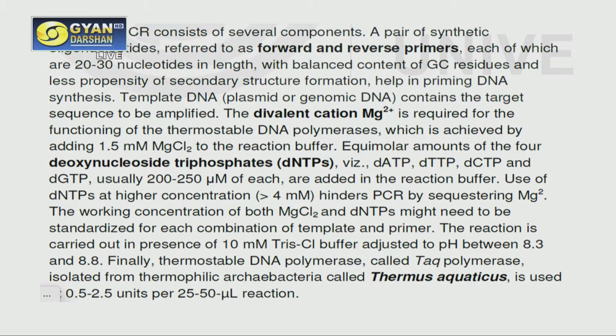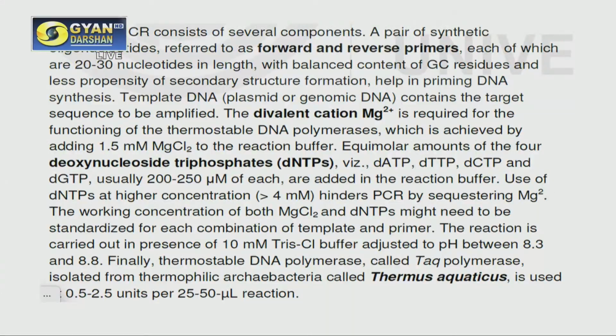And sometimes what happens is in this kind of reaction, you need to standardize the concentration of magnesium chloride and dNTPs. What is the concentration that you are going to add?